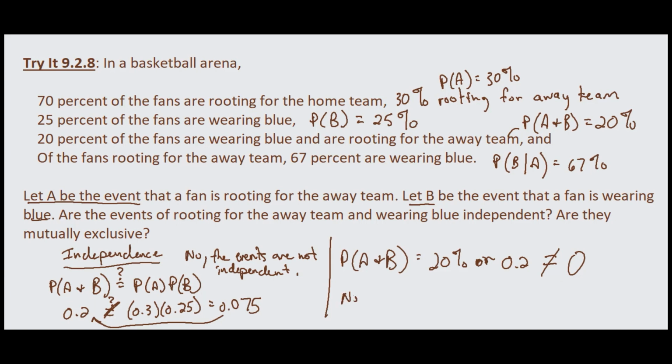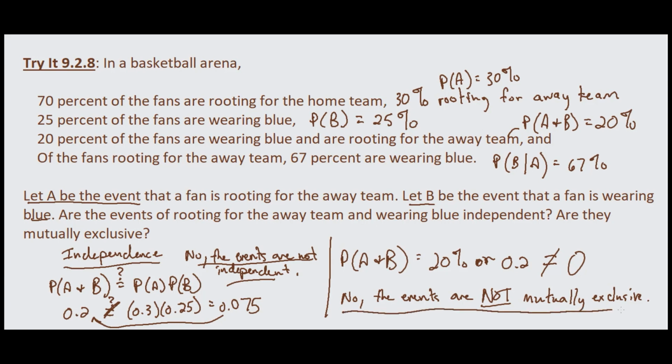So therefore, no, the events are not mutually exclusive or disjoint. Those are the same term, just different words, mutually exclusive or disjoint. So no, the events are not independent, and no, the events are not mutually exclusive or disjoint.